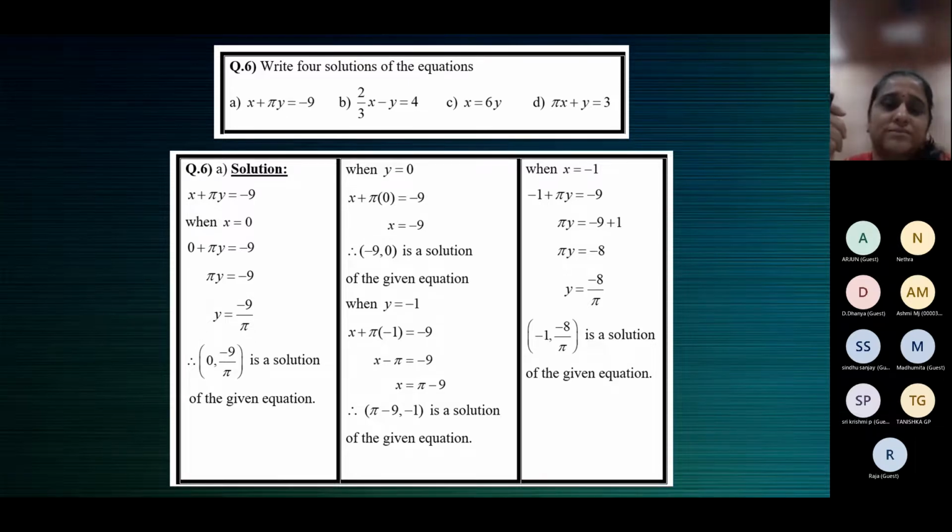I have taken very simple values like x is 0, y is 0. Then what have I done? y is minus 1, x is minus 1. Simple values. You can take anything, not that you should take only 0 and 1. Yes, children, please work this. I have nothing to explain here. So you can see that we have found 4 solutions.